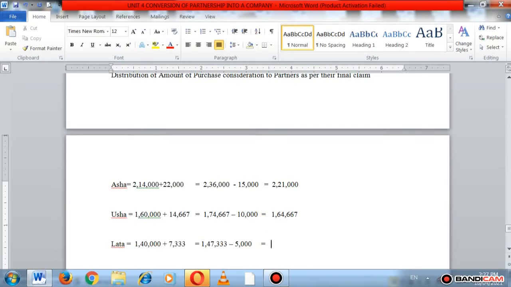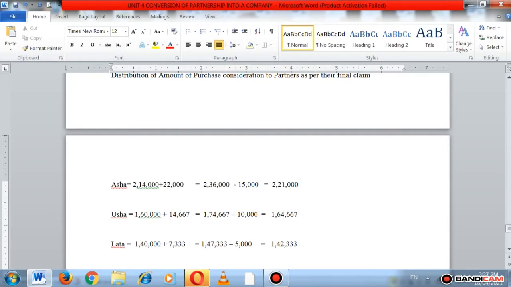And then Lata's final claim is 1,47,333 minus 5,000 is equal to 1,42,333. Okay.